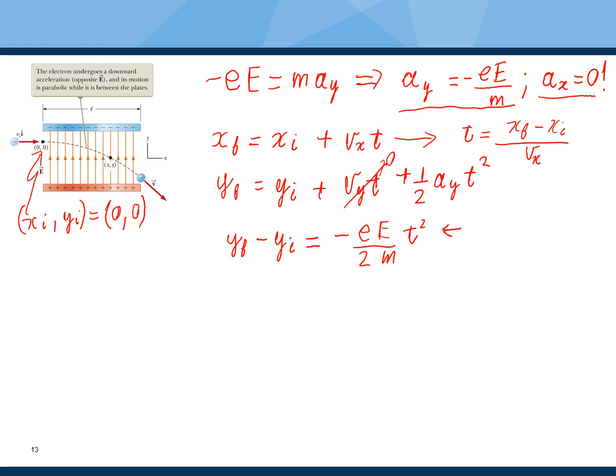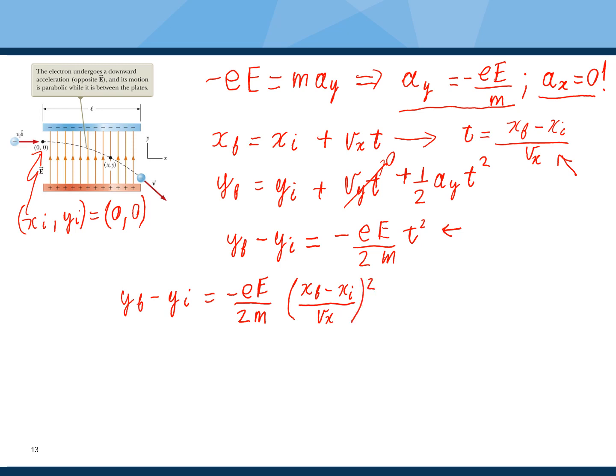We have yf minus yi is equal to minus little e times big E divided by 2m, where m is the mass of the electron, little e is the charge of the electron and big E is the electric field. And in place of time, we have xf minus xi divided by vx, the whole thing squared.